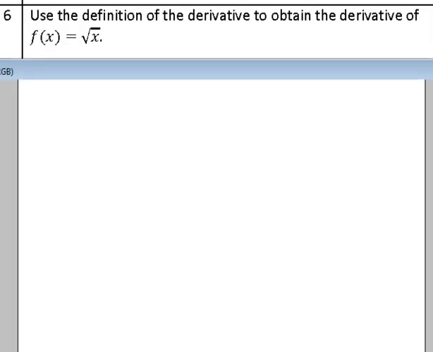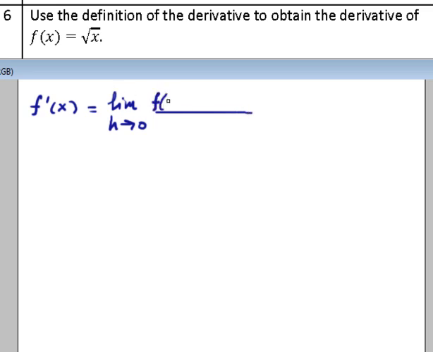Okay, number 6, we want to use the definition of the derivative to obtain the derivative of f of x is equal to the square root of x. All right, so let's write down the definition of the derivative. This is not the alternate definition, the standard definition.